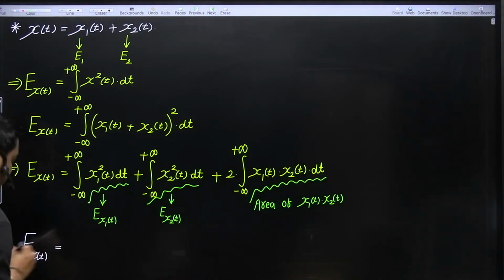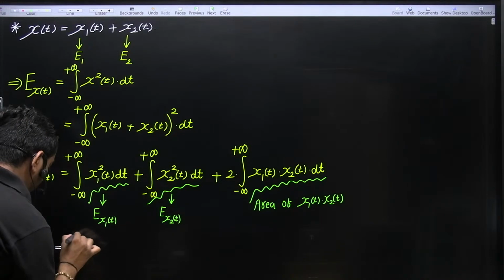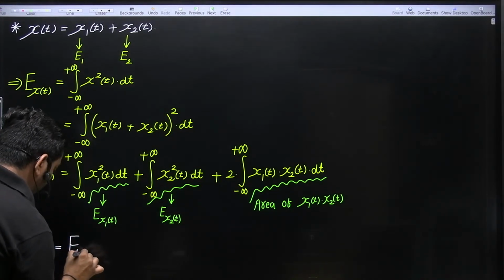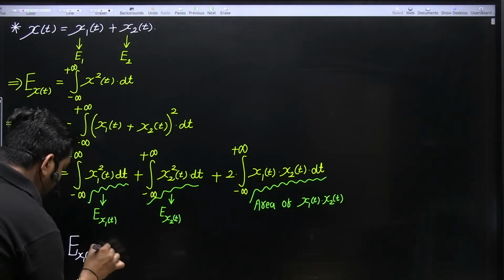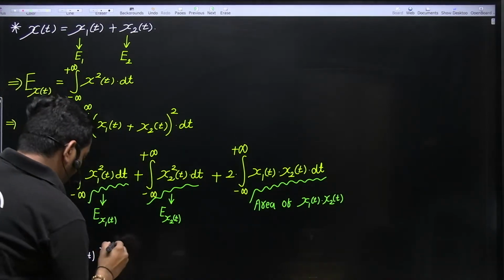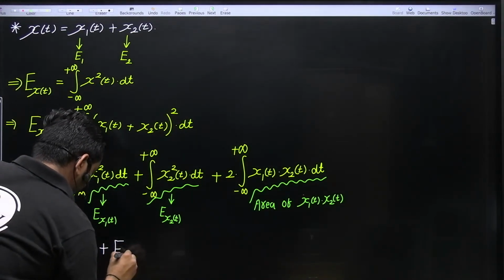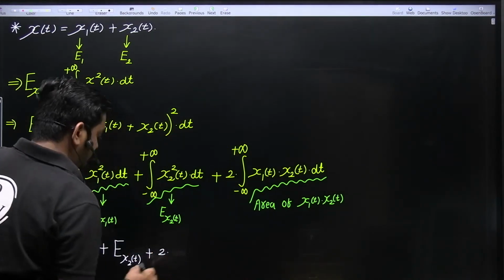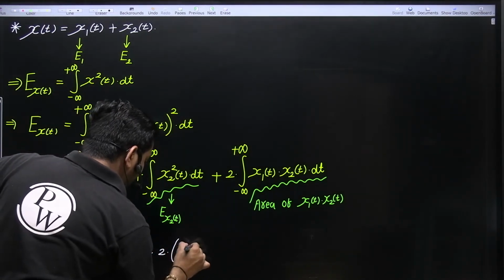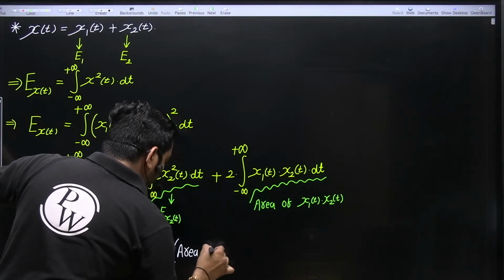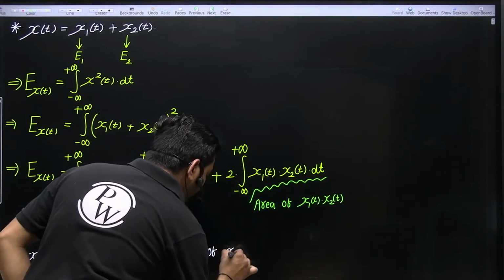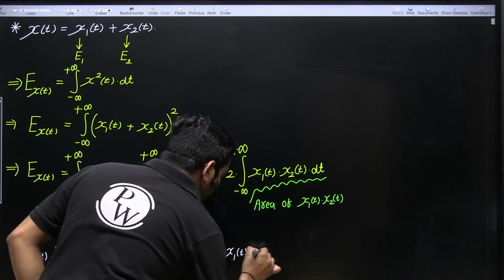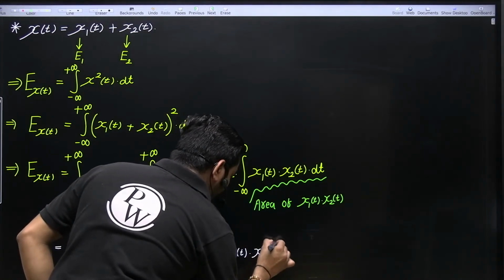So we can write it like this: energy of x of t is given by energy of the first signal plus energy of the second signal plus 2 times the area of x1 of t into x2 of t, guys.